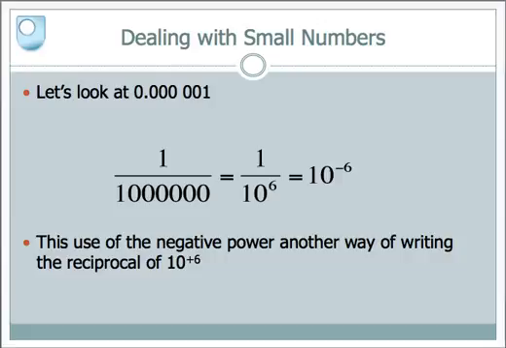But we are dividing, it's 1/10 to the power of 6, which we can represent as 10 to the minus 6. Which is another way of writing the reciprocal of 10 to the plus 6. So 10 to the minus 6 gives us a feeling that we're dealing with a small number as opposed to 10 to the power of 6, which means we're dealing with a very large number.